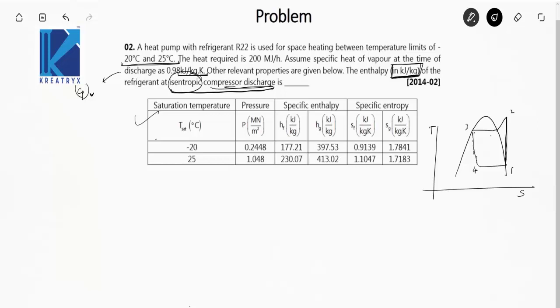This is 1, 2, this is 2 dash. So 1 to 2 is isentropic compression, and 3 to 4 is the isenthalpic process. 1 to 4 occurs in the evaporator, and 2 to 3 is in the condenser where heat is rejected. So the temperature limits are, let me rub this.